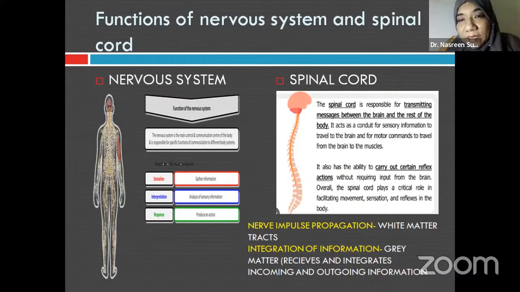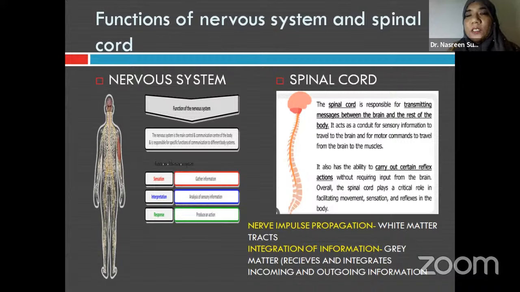Now what about the spinal cord? So the spinal cord also comes under the nervous system. The same thing will be here. Now you are seeing the brain here, right? And the rest of the body is below. So someone should be there to carry the information from your hand, for example, to the brain. Okay. So that work will be done by your spinal cord.